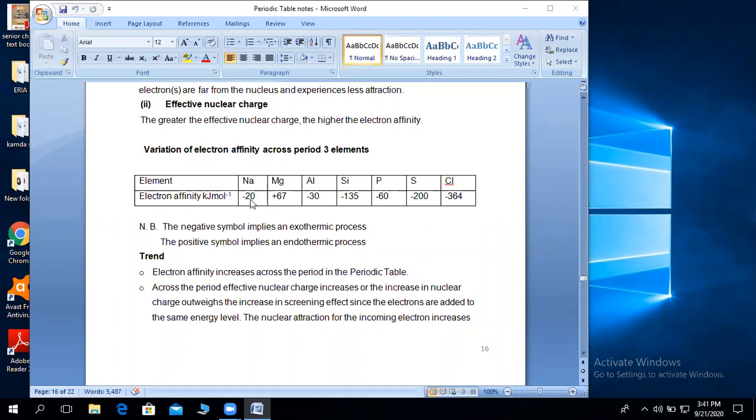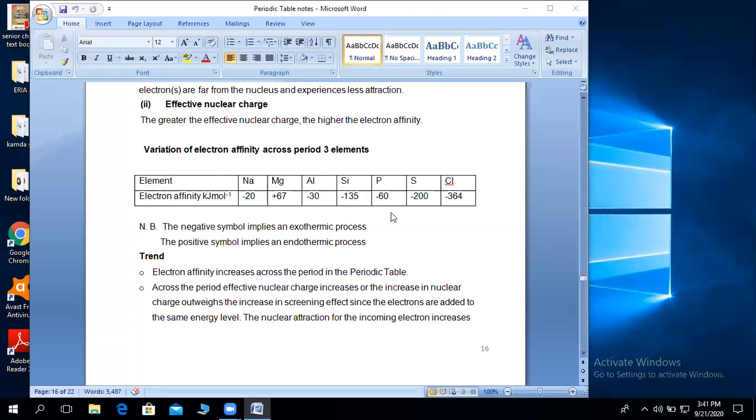Although when you look at it from the mathematical point of view, -20 and -30, we say -20 is greater than -30. So we would say that the electron affinity is decreasing, but that's not the case. The case is the magnitude of electron affinity is increasing.